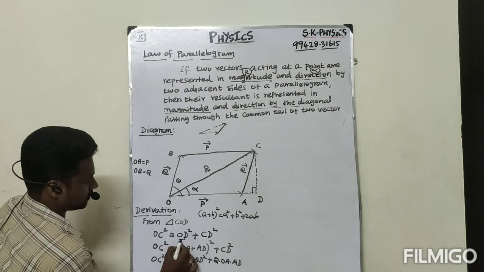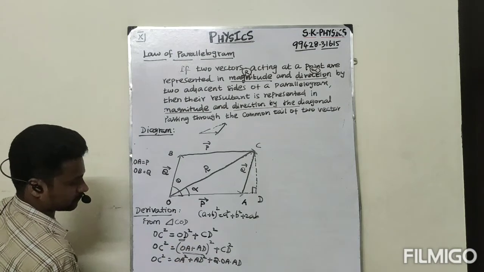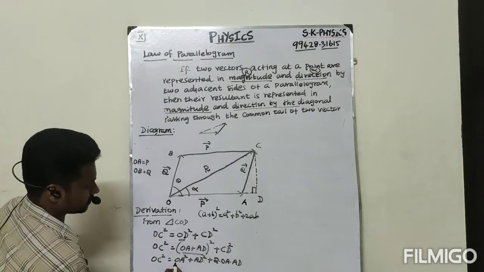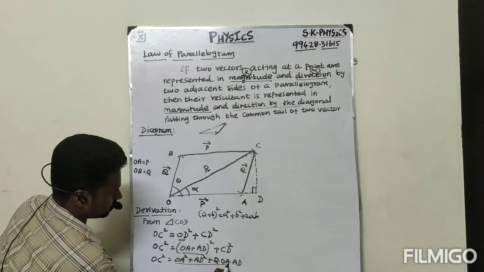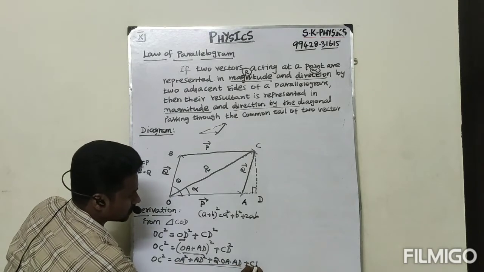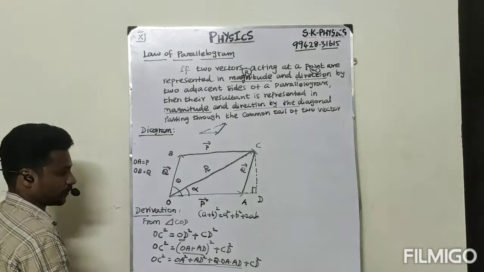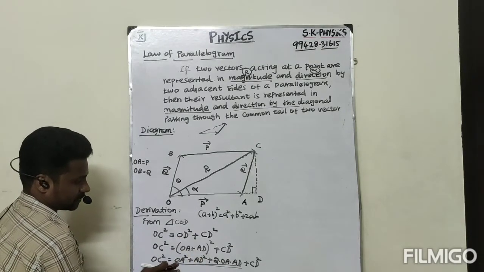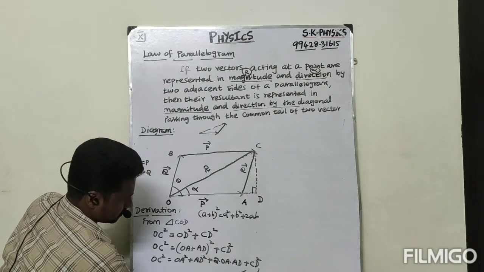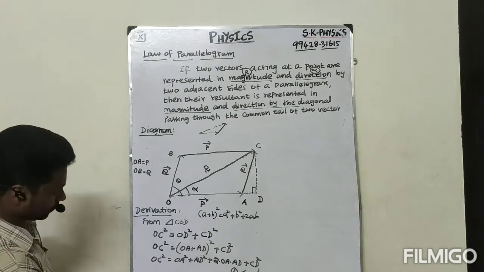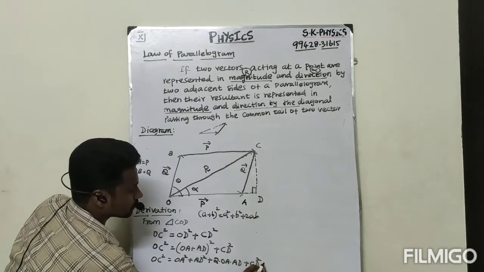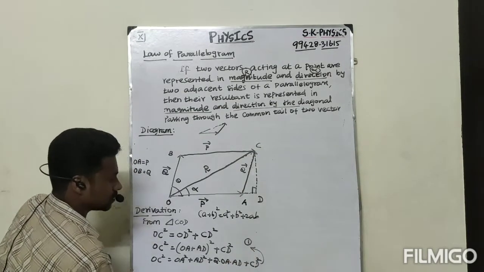So OD squared is equal to OA squared plus AD squared plus 2 into OA into AD. Then plus, as usual, CD squared. I hope you understand the steps. I consider this as equation number 1.